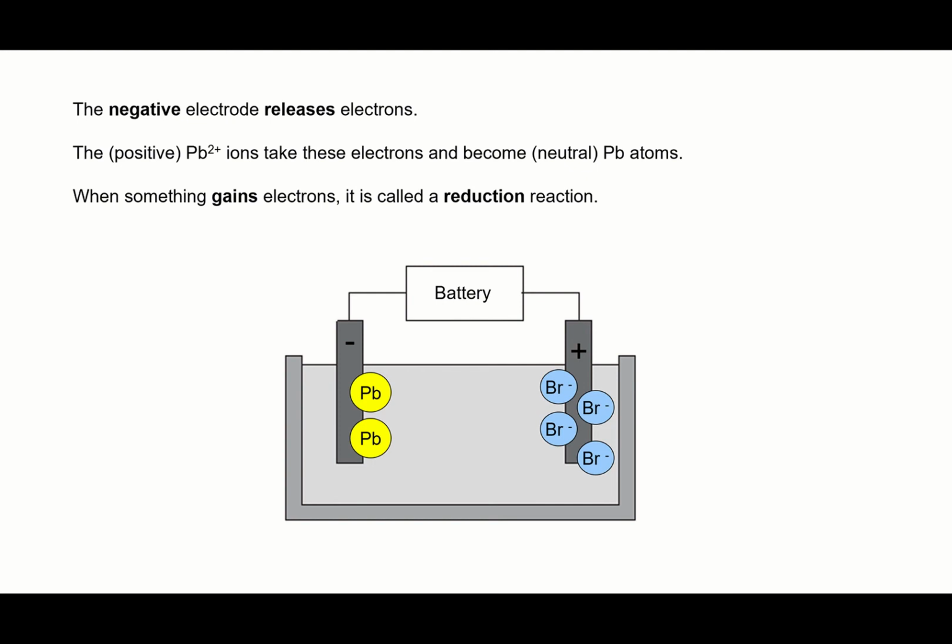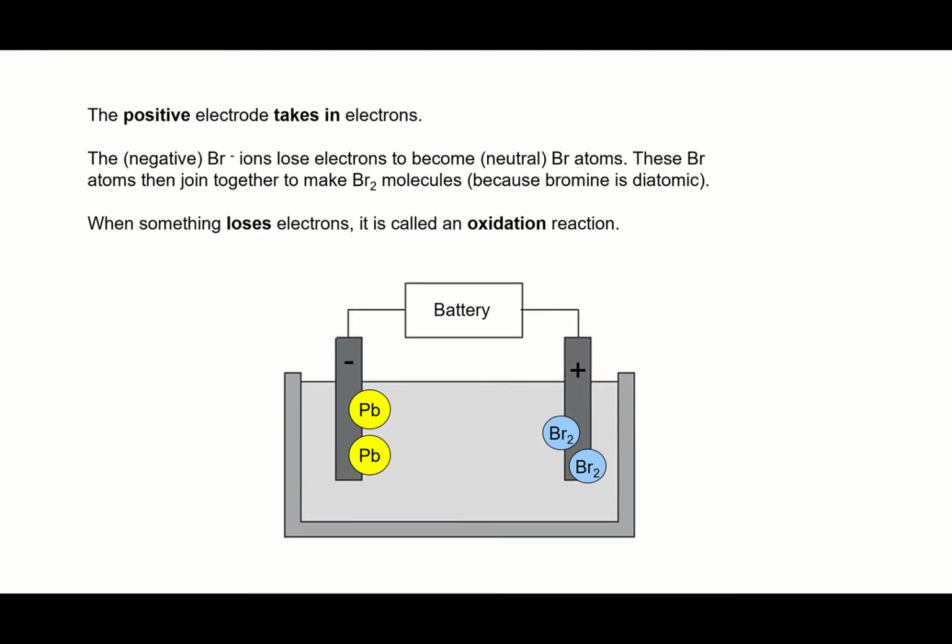Let's take a look at the positive electrode. The positive electrode is the opposite. It takes in electrons. So I always think of the positive electrode as being like a vacuum cleaner that's constantly eating up electrons. The negative bromide ions lose electrons and become neutral bromine atoms.